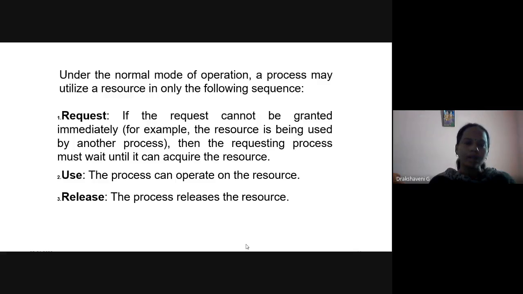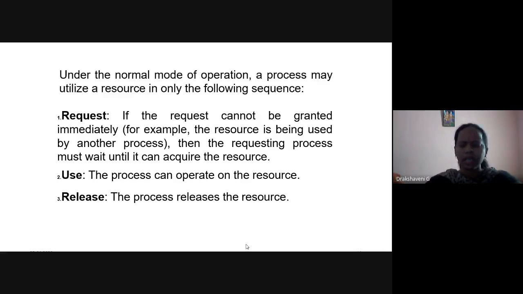It will connect to your friend's phone number. That is the request: you are requesting a communication. After you speak to your friend, you end your call. That is the release. So request, use, and release is similar to our calling.